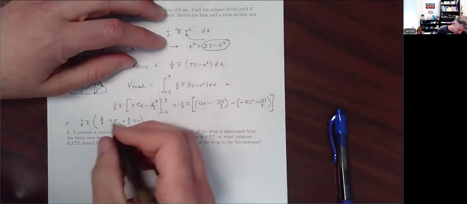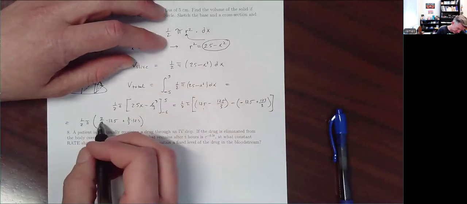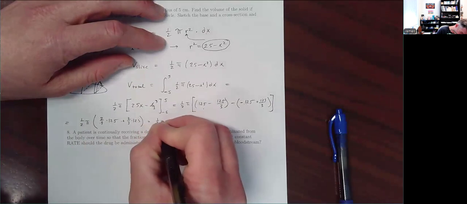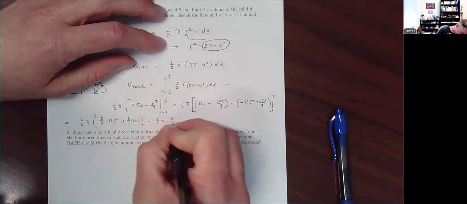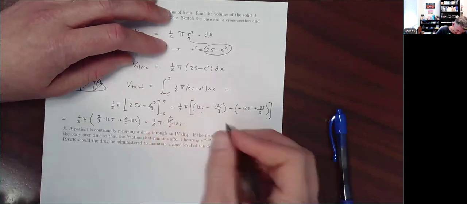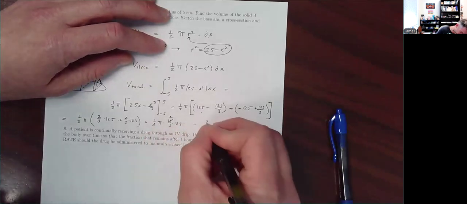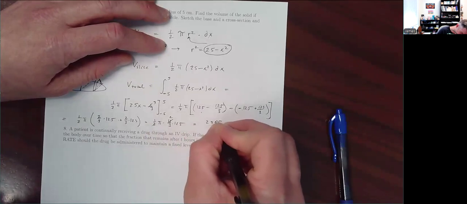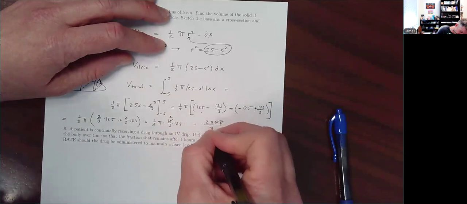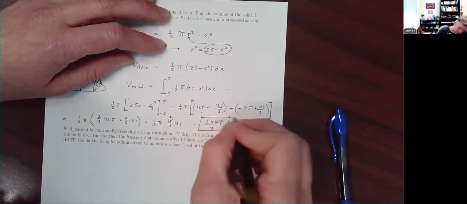So 2/3 plus 2/3 is 4/3. So you get 1/2 times pi times 4/3 times 125. Cancel a 2 here and a 2 here. So 2 times 125 is 250. So you have 250 pi divided by 3. Cool.